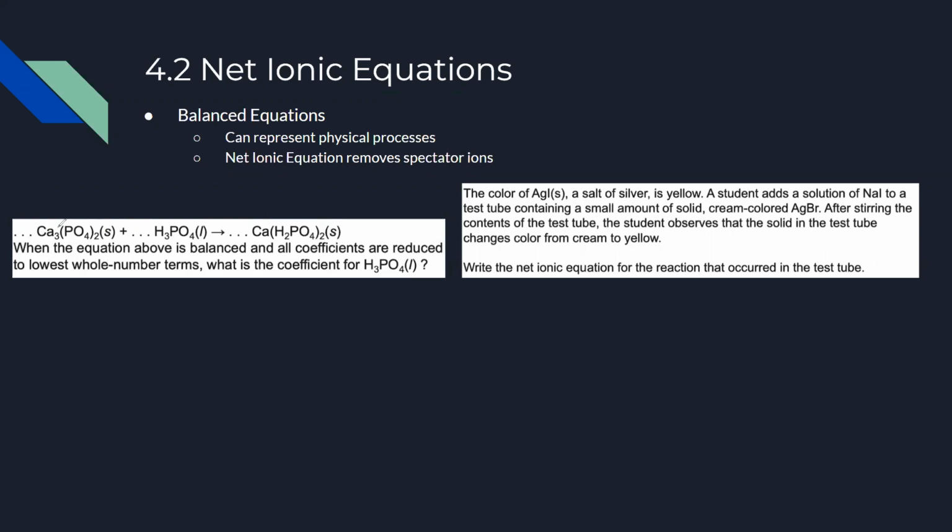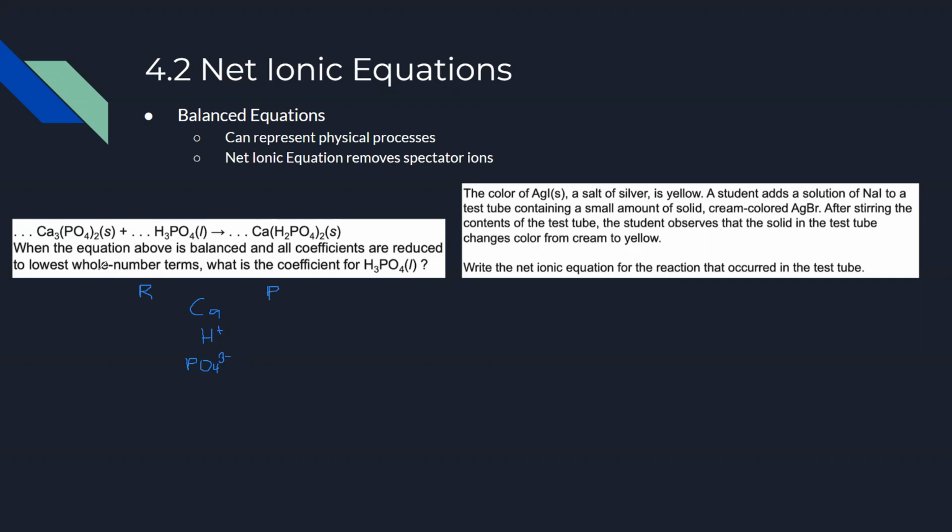So let's write out all the ions. So let's do Ca, H, and PO4. Got the H plus. Okay, so let's have one side be the reactants and the other side be the products.